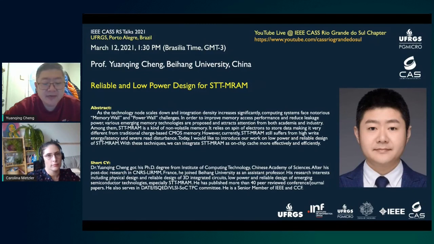So STT-MRAM may be used to replace the SRAM cache or even the DRAM memory inside. ARM is also a fabless mobile chip designer, so I think STT-MRAM can also attract ARM's attention because it can be used in mobile applications.